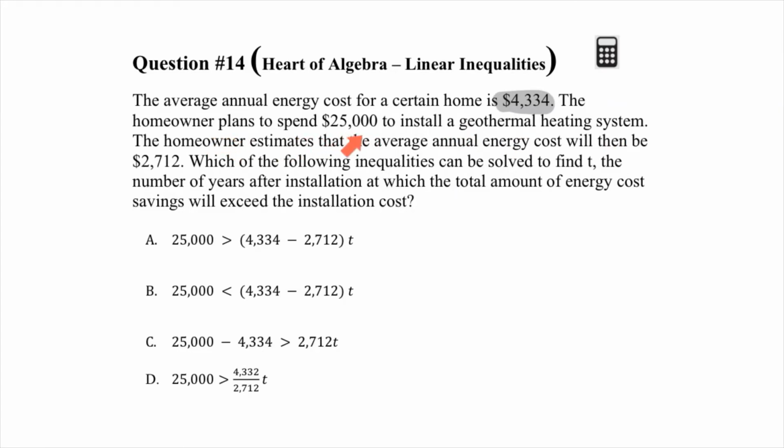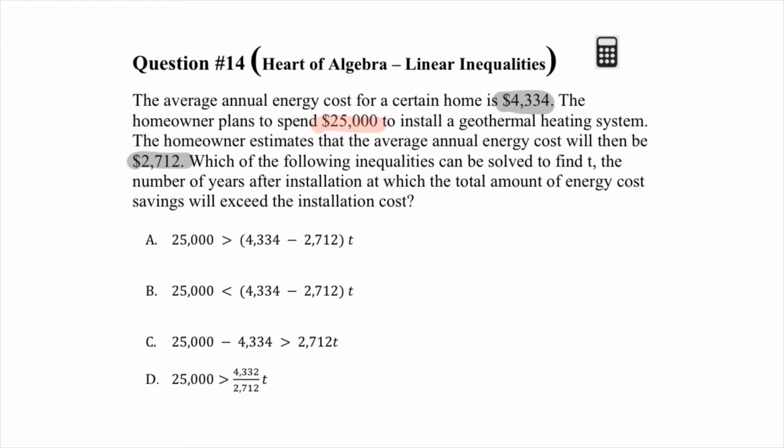So he would like to make an investment for a heating system. How much? $25,000. Okay. So the homeowner estimates that the average annual energy cost will then be $2,712. Okay, so I would like to stop here.